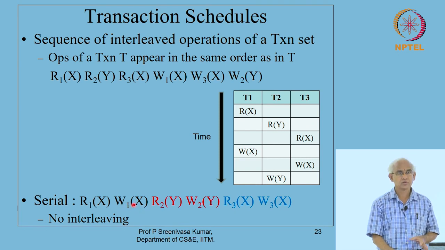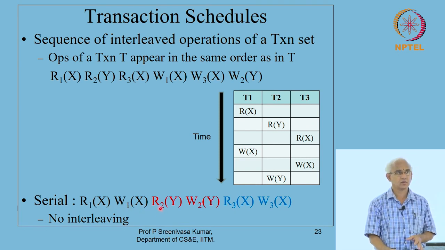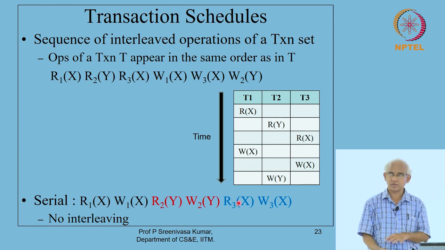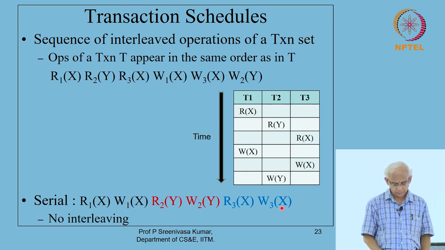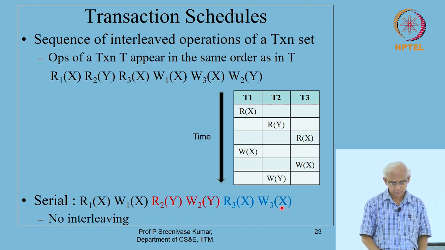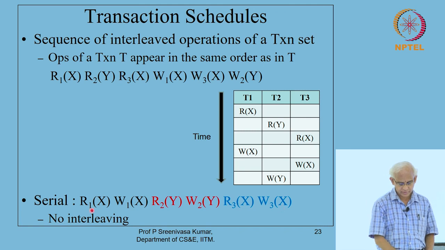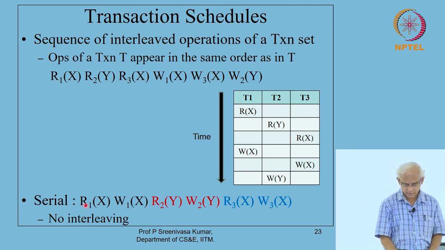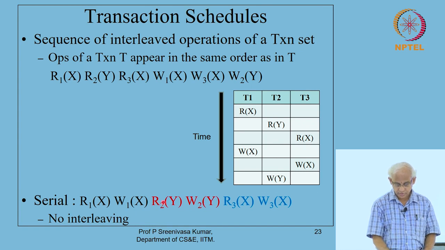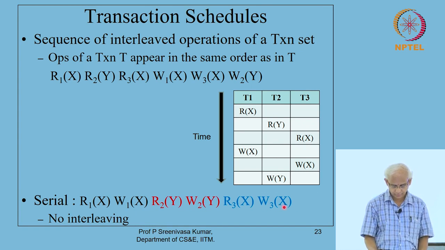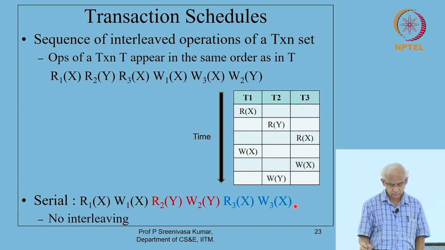So, serial schedules do not pose any concurrency problems at all, but they are practically not useful, because they will slow down the system. But here is a schedule notation for a serial schedule: all the operations of a particular transaction together.